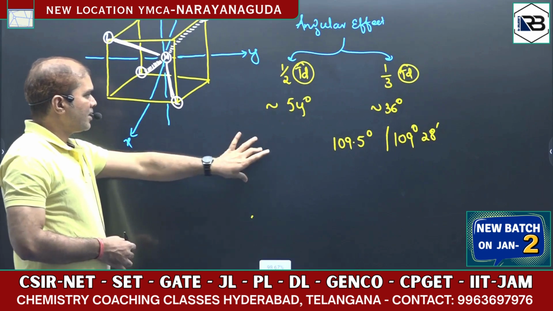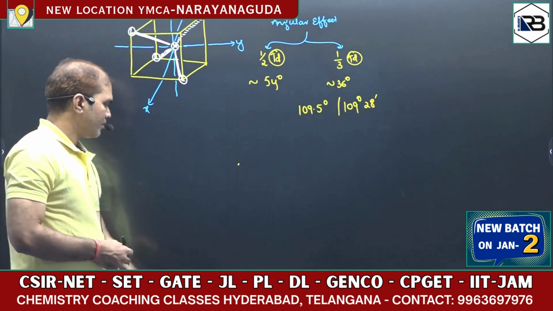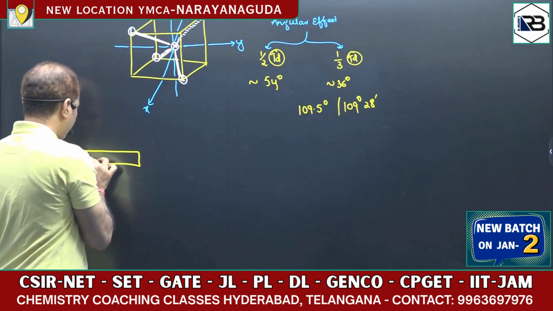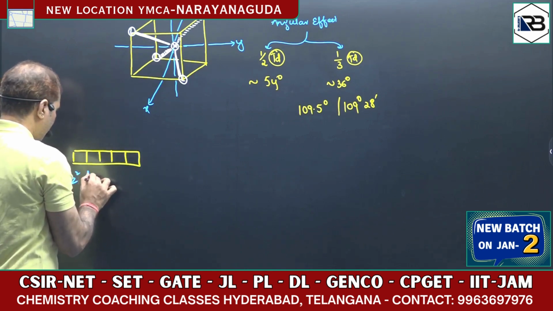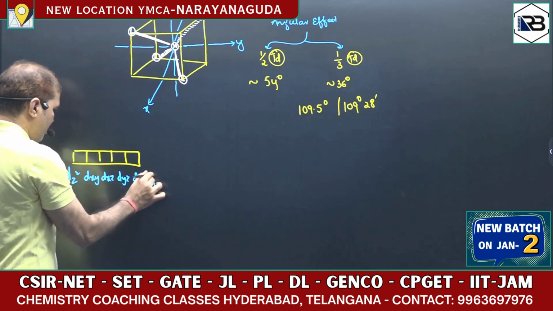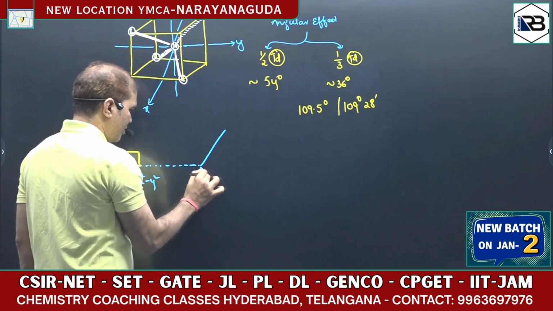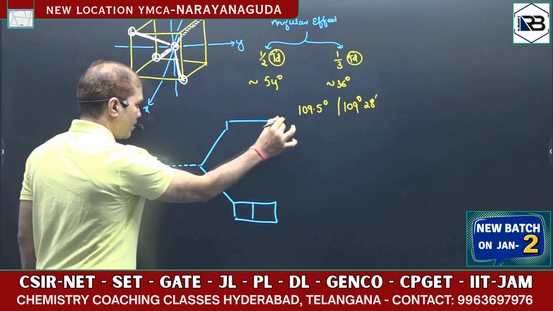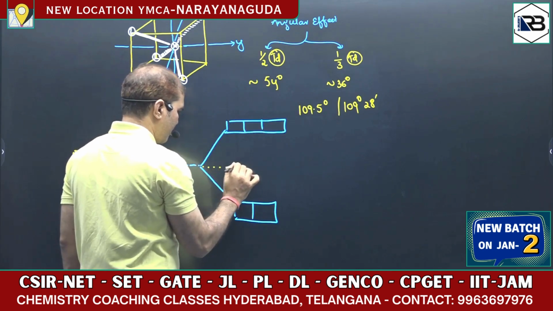Now let us consider the splitting pattern. In the splitting pattern, we always begin from the 5 degenerate orbitals. These 5 orbitals, I can consider as dz square, dxy, dxz, dyz, dx square minus y square. These split into two different energy levels, a lower energy level and a higher energy level, with a barycenter or center of gravity.